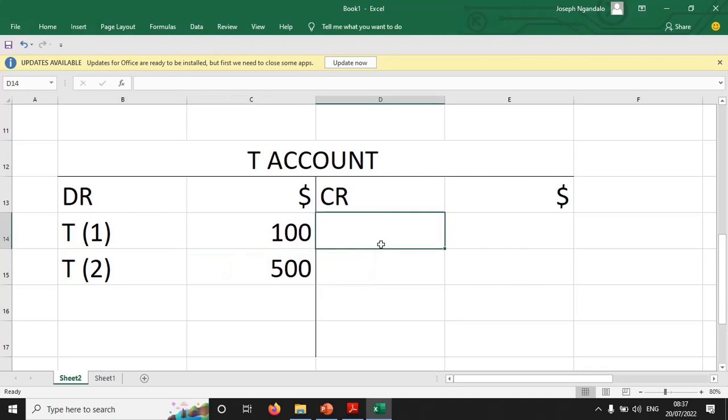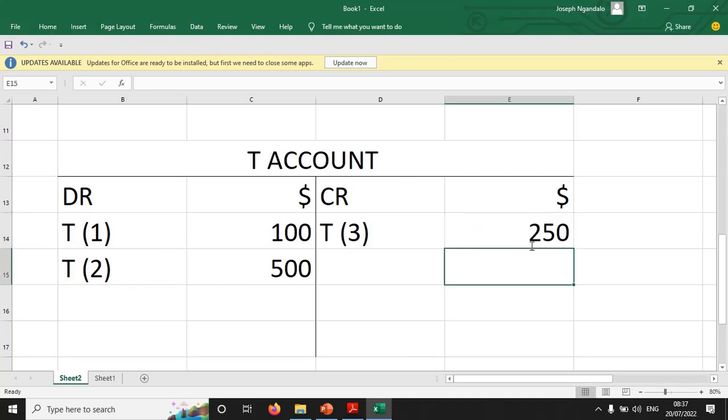Then I've got transaction 3. I put a number there, I can put 250. Okay, great. So let us rule off this T account following the instructions. The first step, okay, please finish writing.